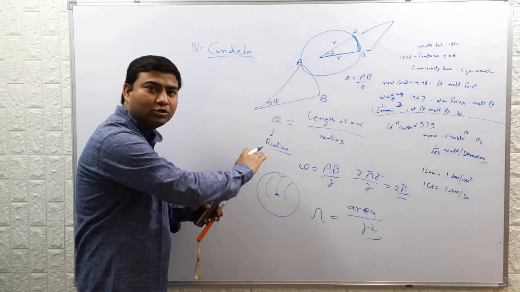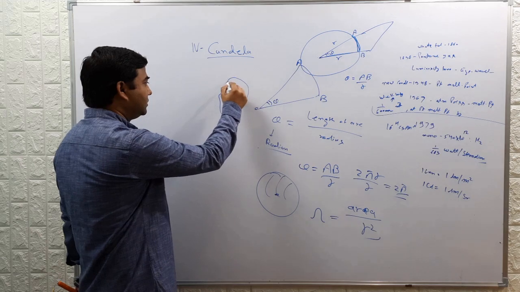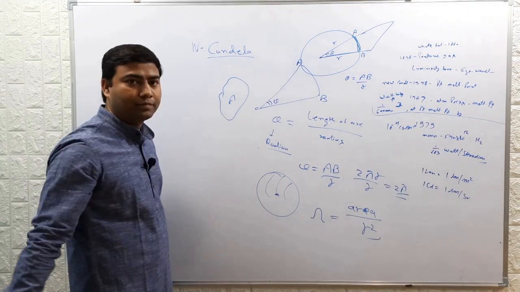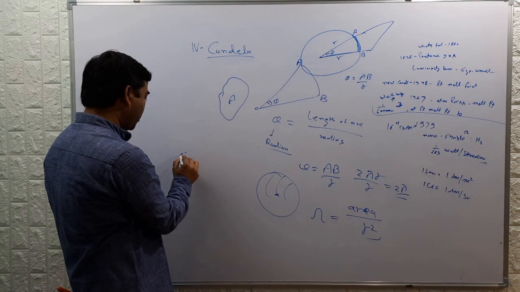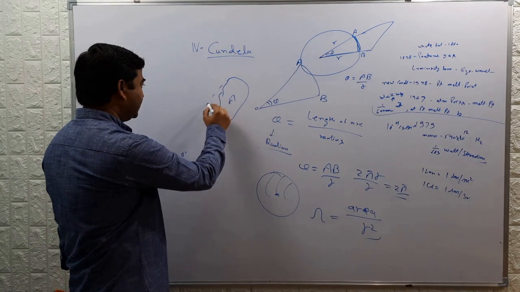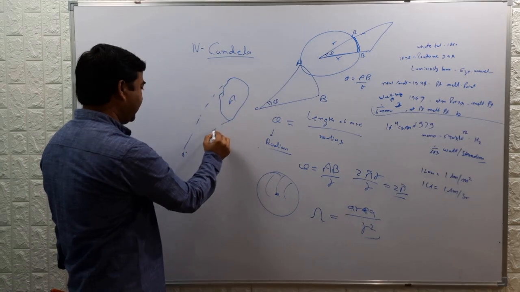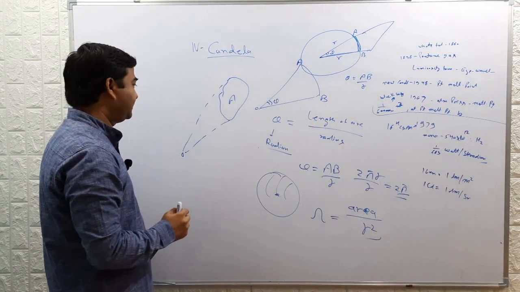Same analogy in the case of a sphere. If you have an area, this is the area. How much solid angle will it subtend at this point? This area is subtending a solid angle at the center, similar to this plane angle.